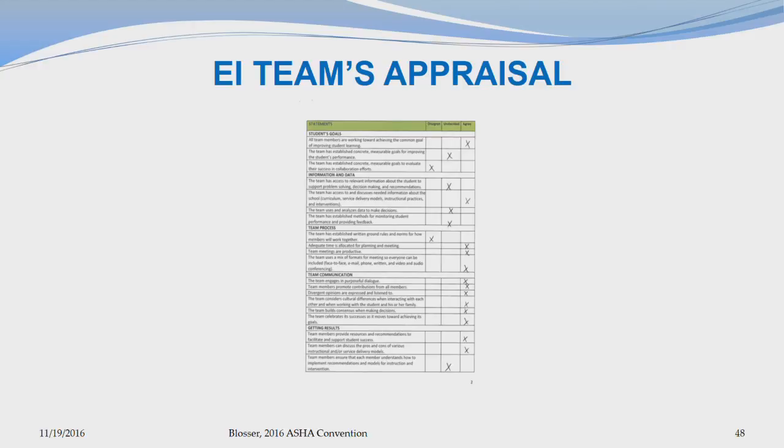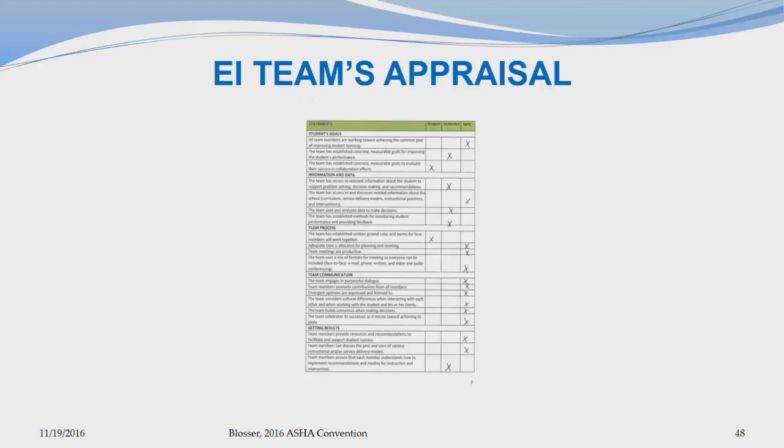The team has established concrete goals for improving student performance. One person, I think, couldn't decide. The team has established concrete measurable goals to evaluate the team's success. No, we have not.